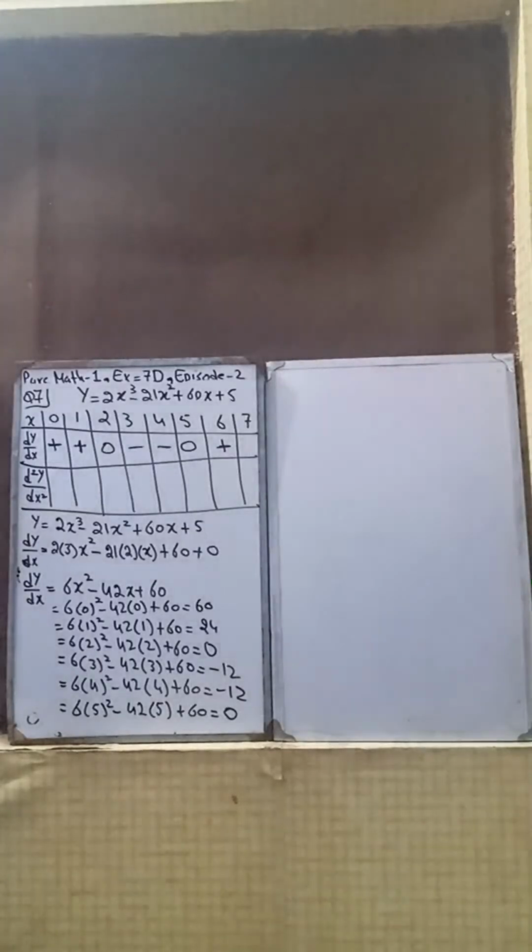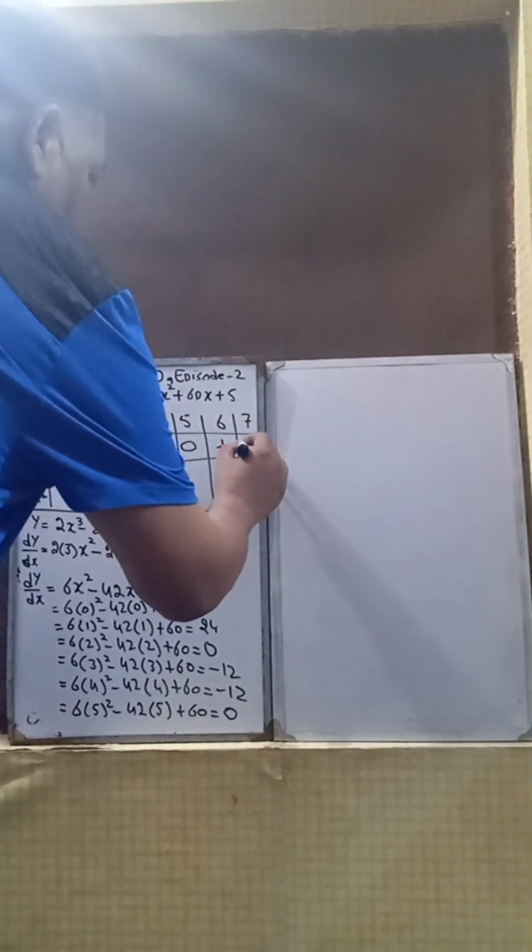Now I am going to substitute in the first derivative. X will be substituted with the 7. So 6 multiply 7 square, then minus 42 multiply 7 plus 60, and that will be equal to 60, which is positive. So I will write a positive sign here.